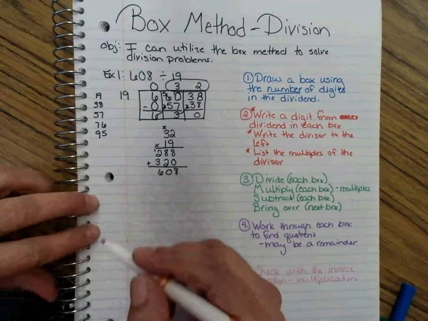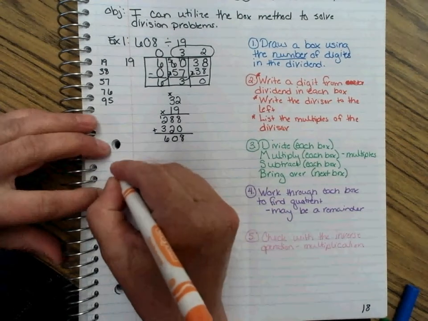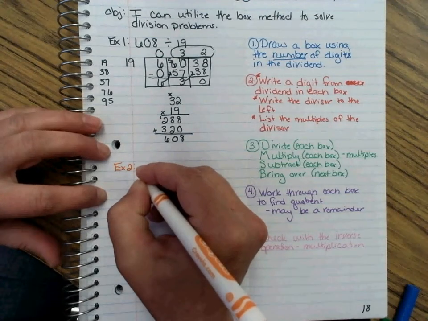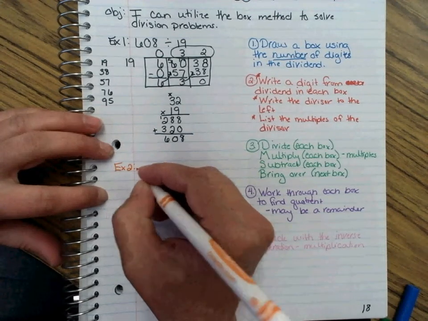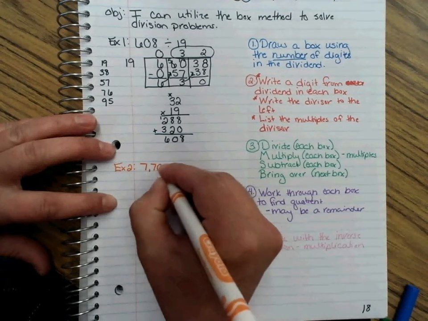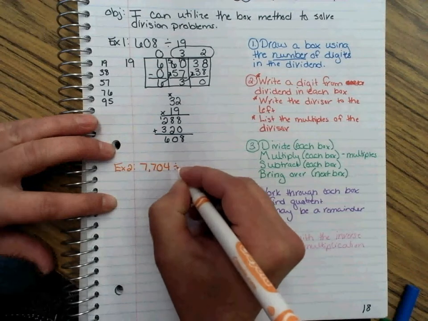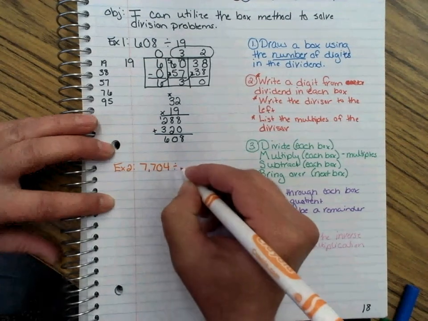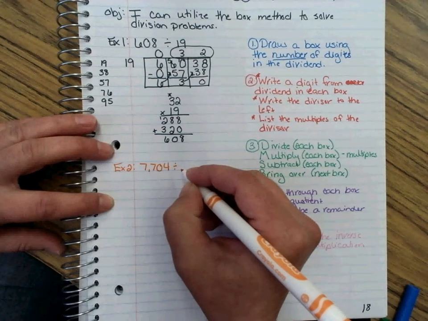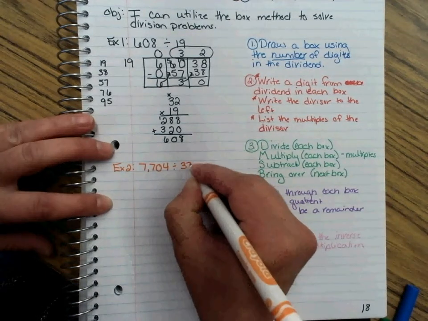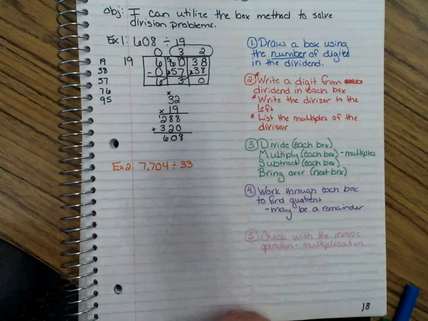Oh, so here we go. Okay, I have 7,704 divided by 33.